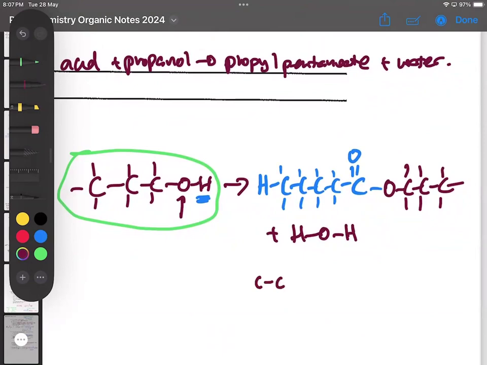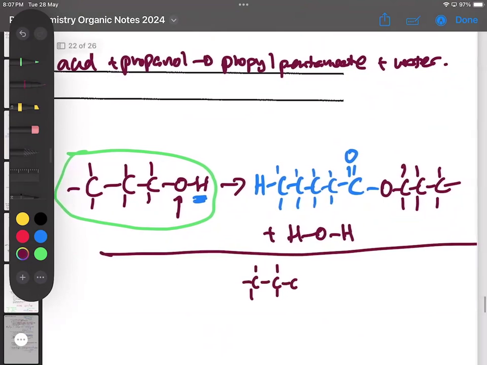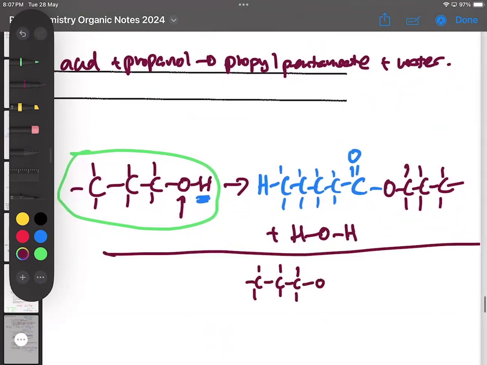I'll have my 3-carbon alcohol, and then we have the O here by the acid, double bond O with 4 carbon on the side. Then you see the similarity.